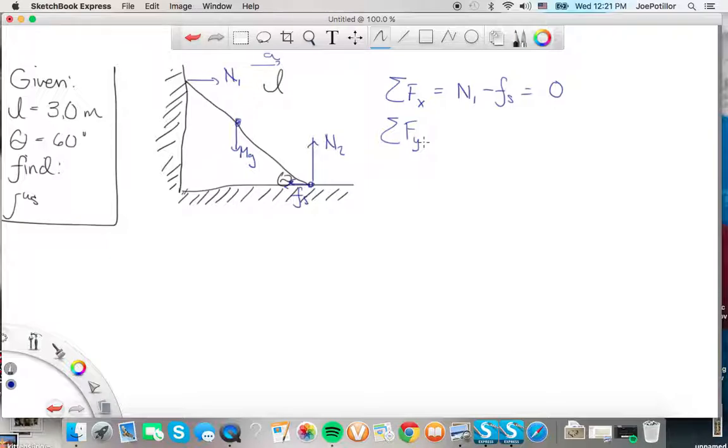In this situation, we have the normal force N2 minus the weight of the ladder is, of course, 0, because we're trying to make sure it doesn't move.